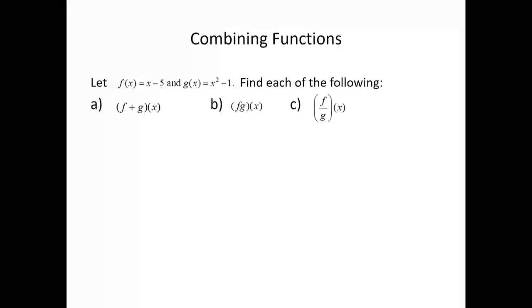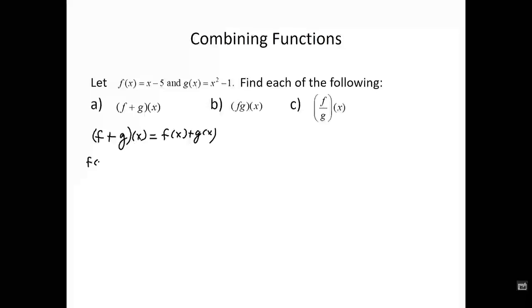As I said before, as we consider the algebra of functions, if I have two functions, yes, indeed, we can add them. So f plus g of x is going to be f of x plus g of x.